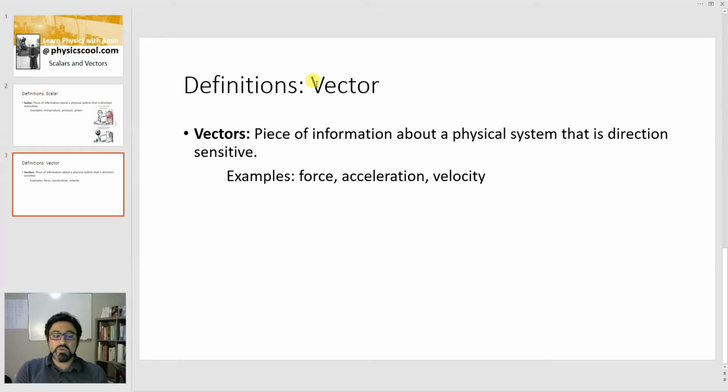If I tell you a bullet is moving like 100 meters per second, then you do not have full information about where the bullet is going because you don't know what the direction of the velocity is.